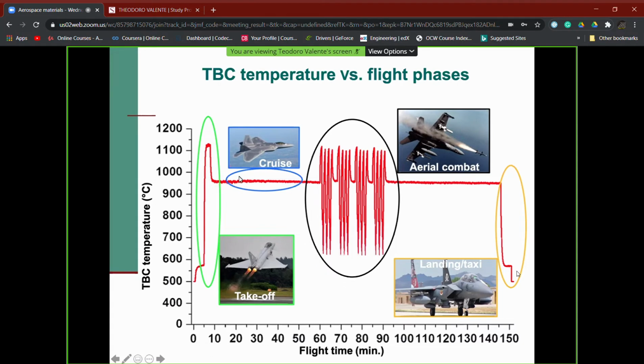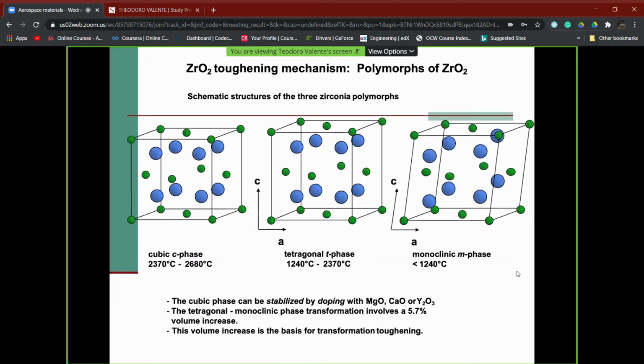So the most critical phases are takeoff, aerial combat, and landing taxis, where we are asking for high power to the engine, or where we are putting the engine in a short time in an off mode, and we decrease the temperature very rapidly.